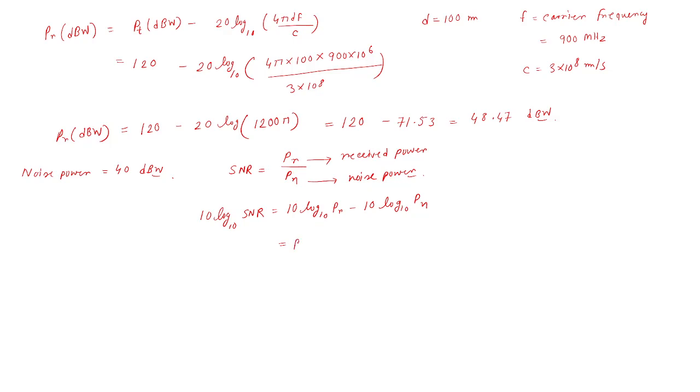Now this is nothing but PR dB watt, and this is noise power in dB watt. PR dB watt comes out to 48.47, noise dB watt is given as 40, we get 8.47 dB, which is the SNR in dB expression.